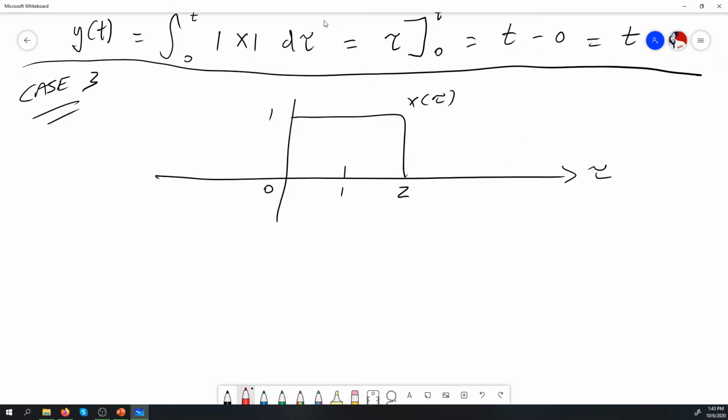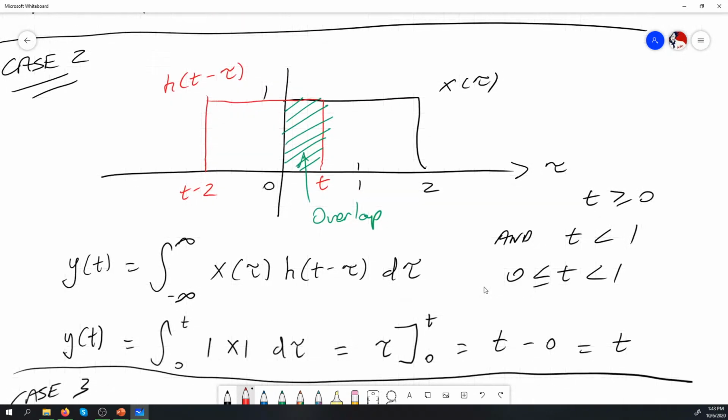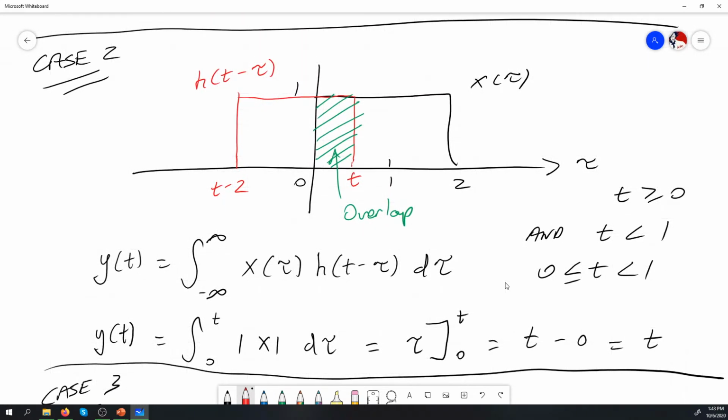So for case 2, the reason why we use t and 0 as limits as opposed to 0 and 1 is because we're only watching where the signals overlap with each other here. So when we watch where the signals only overlap with each other, in this particular case, the uppermost limit is just going to be t, and the lowermost limit is going to be 0.